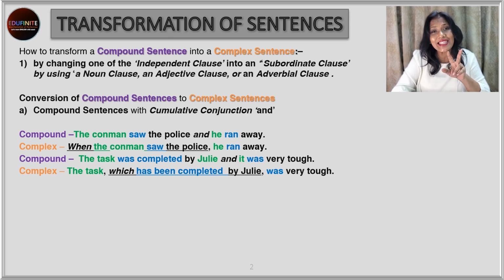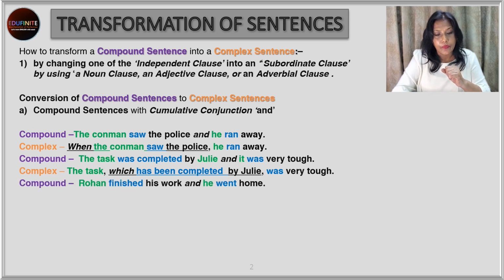Now this has been inserted inside the independent clause, the task was very tough. So we can place a subordinate clause either in front of the independent clause or inside an independent clause or at the end of the independent clause.